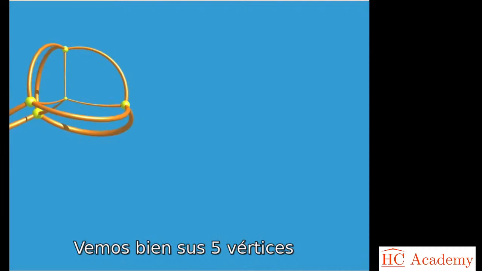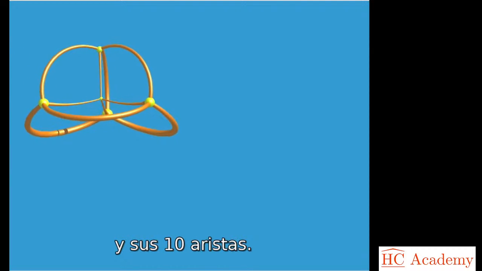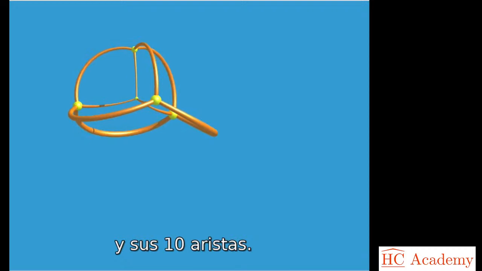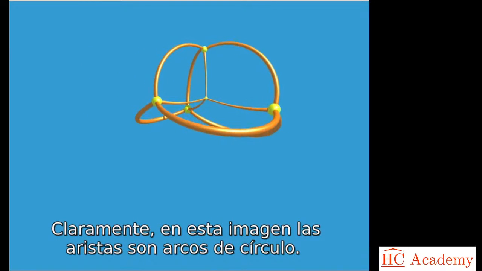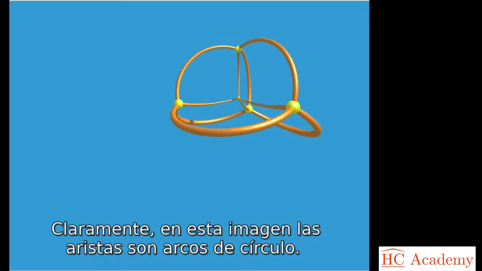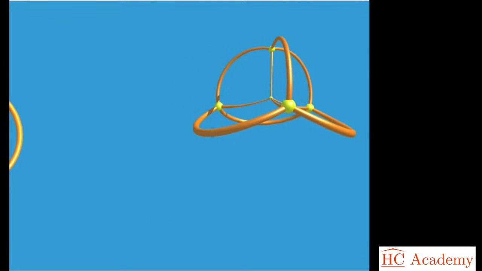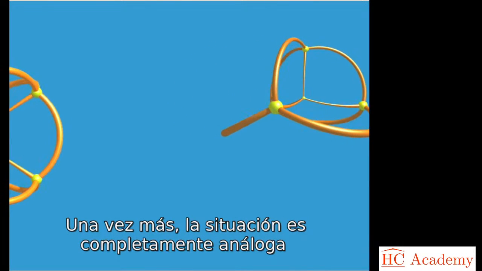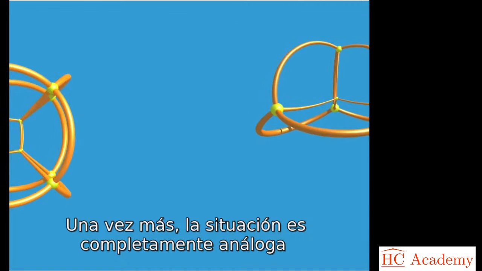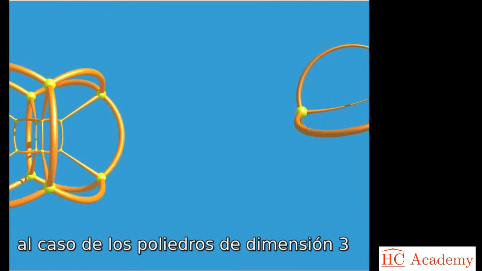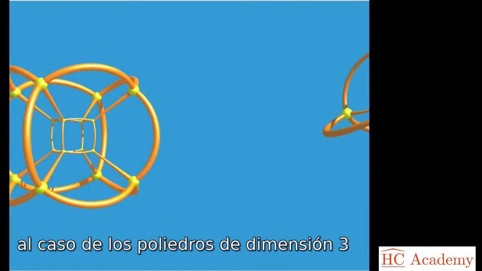Here's the simplex. You can see its 5 vertices and its 10 edges. Of course, in this view, edges are circular arcs. So now we have a situation like that of the three-dimensional polyhedra, projected stereographically onto a plane.